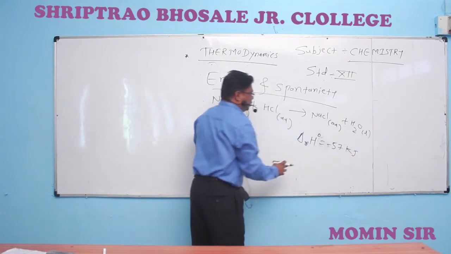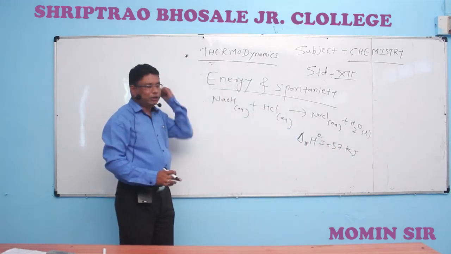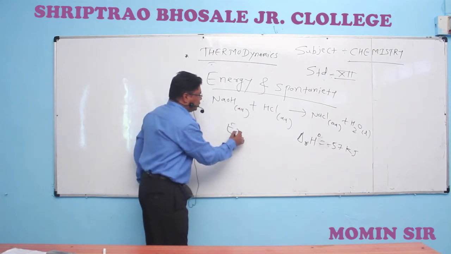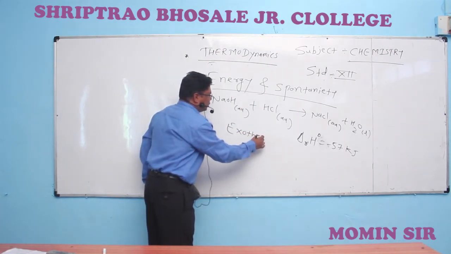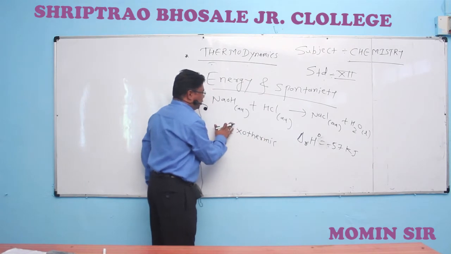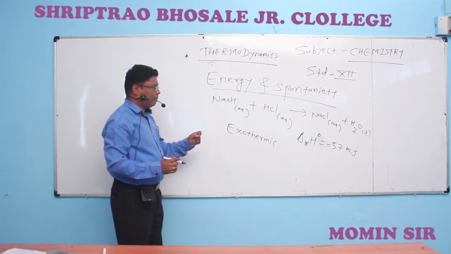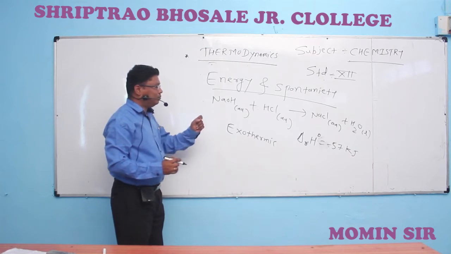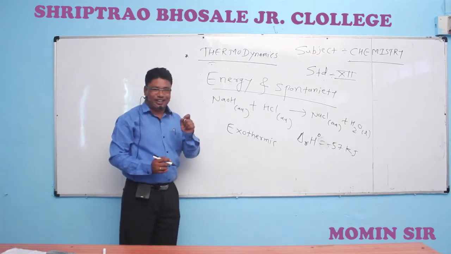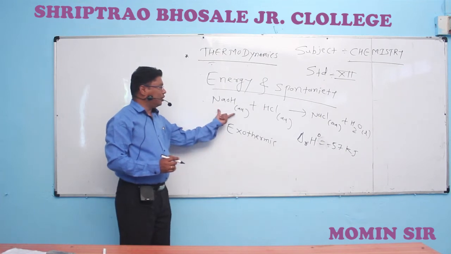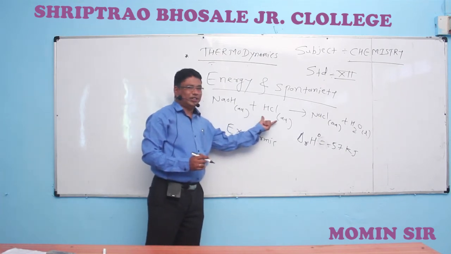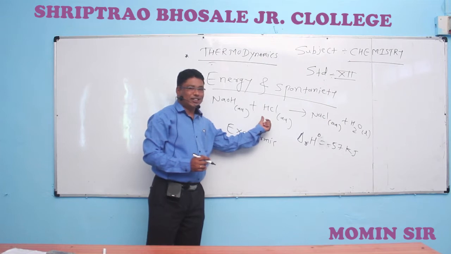What does this minus sign indicate? This minus sign indicates that the reaction is exothermic. Means as the value of enthalpy change for this reaction is negative, 1 mole of NaOH reacts with 1 mole of HCl and it releases 57 kilojoule of heat.